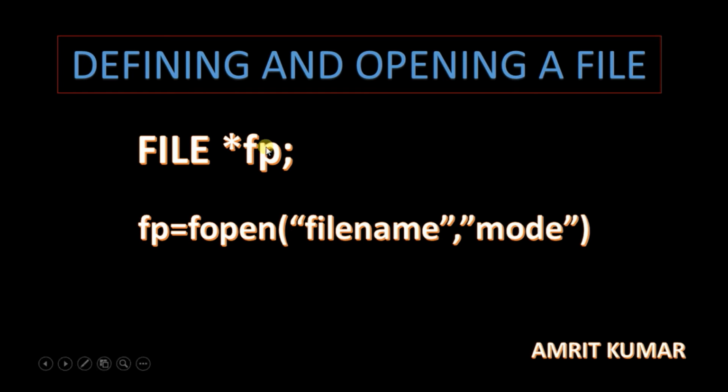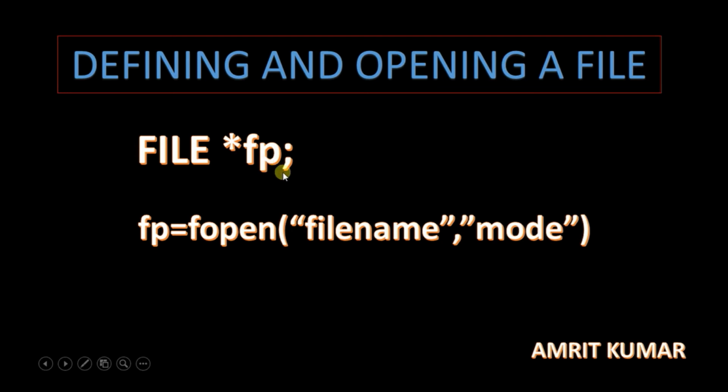So how will we do this? There is a reserved keyword used in C language to define a pointer which is of type FILE. You need to write FILE in capital letters, and after it I am using a pointer fp which is of type FILE.